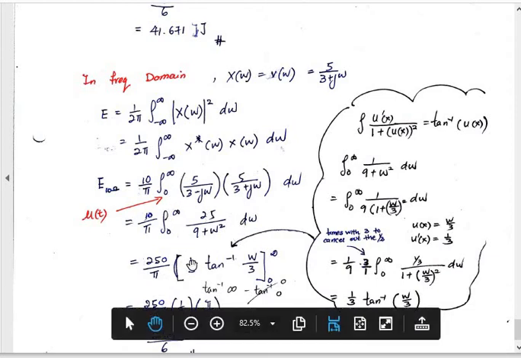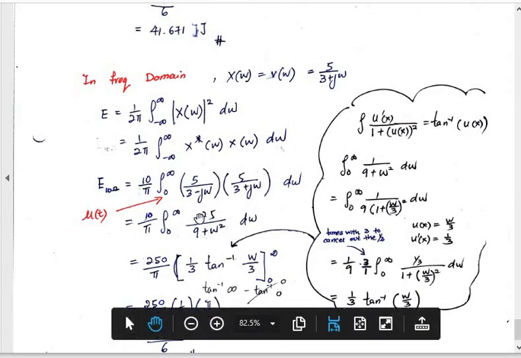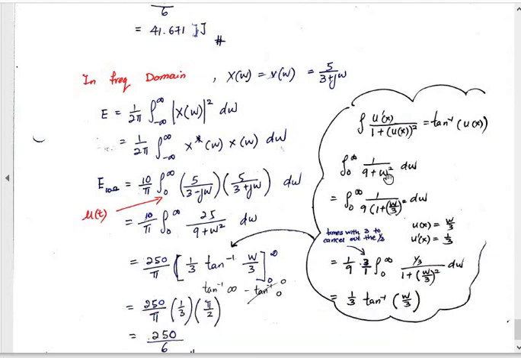How do we get here? We have a formula: the integration of u prime of x divided by 1 plus u squared of x equals inverse tangent of u of x. So if you look here, I take out the 25, I just left 1 over 9 plus omega squared d omega.